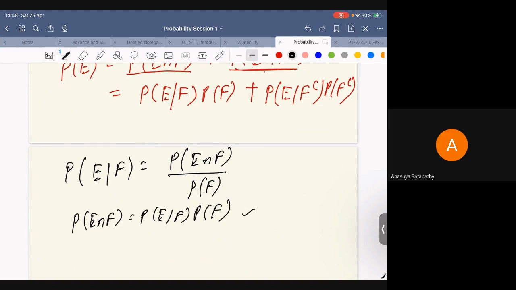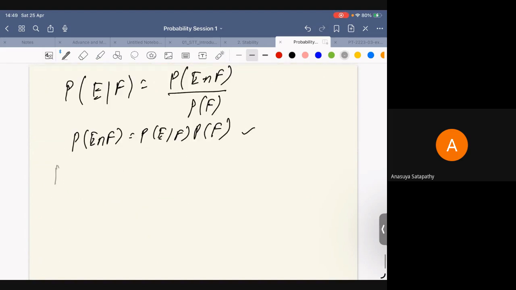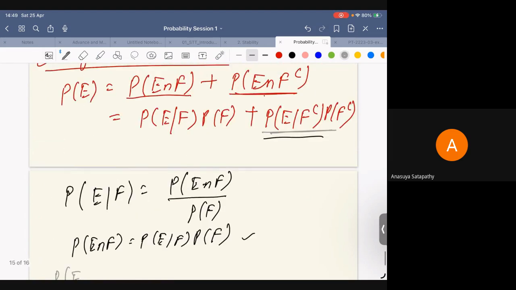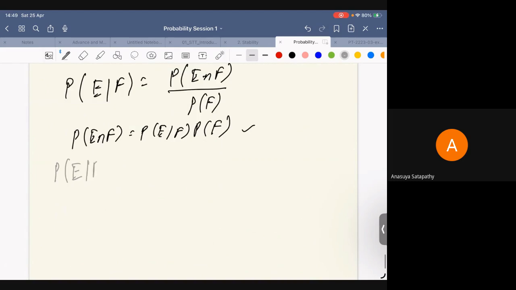So what do I write for this one? Let me use one more color. P of E given F complement. How can I write this one? If I apply the multiplication formula, can I write P of E intersection F complement divided by P of F complement, right?